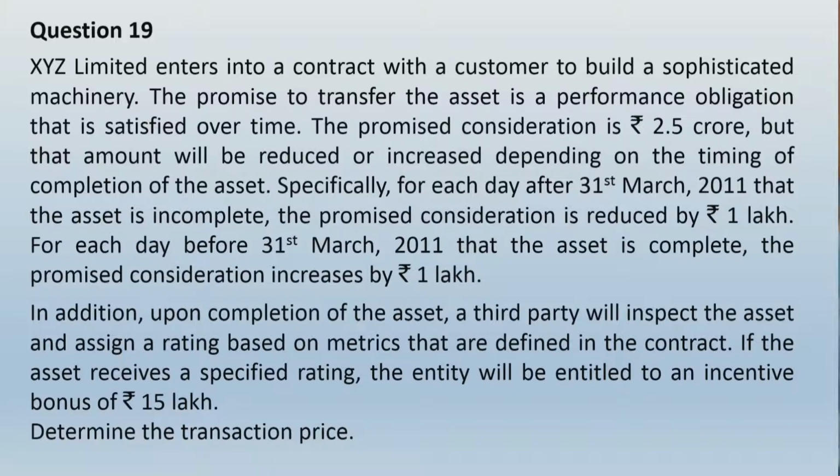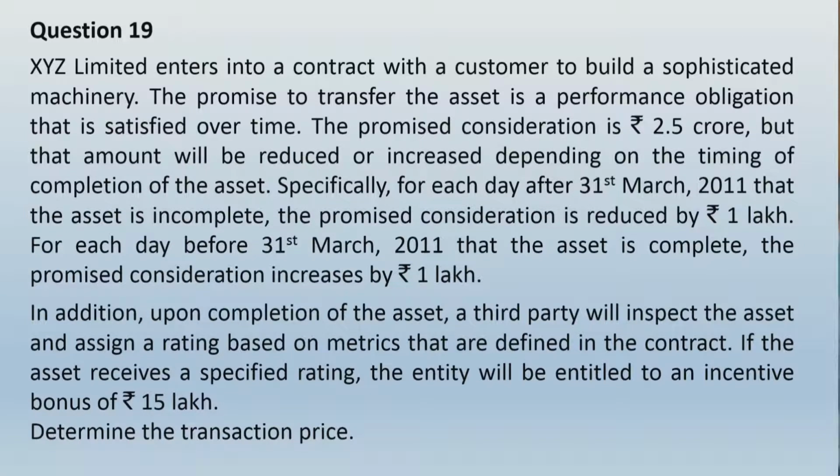The promised consideration is rupees 2.5 crore, but that amount will be reduced or increased depending upon the timing of completion of the asset. Specifically, for each day after 31st March 2011 that the asset is complete, the promised consideration is reduced by rupees 1 lakh. For each day before 31st March 2011 that the asset is complete, the promised consideration increases by rupees 1 lakh.